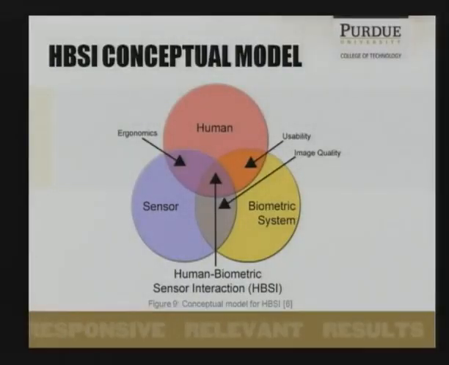So we have this conceptual model that involves the human, the sensor, and the biometric system. The human from this aspect is typically the subject of interest, the person giving the biometric, although this year we're doing a lot of work on the operator, because the operator also contributes to the error. If someone is chatting with you about some other activity, say the football scores, when I used to come through and talk to an immigration officer, they say, what do you do? I do biometrics.